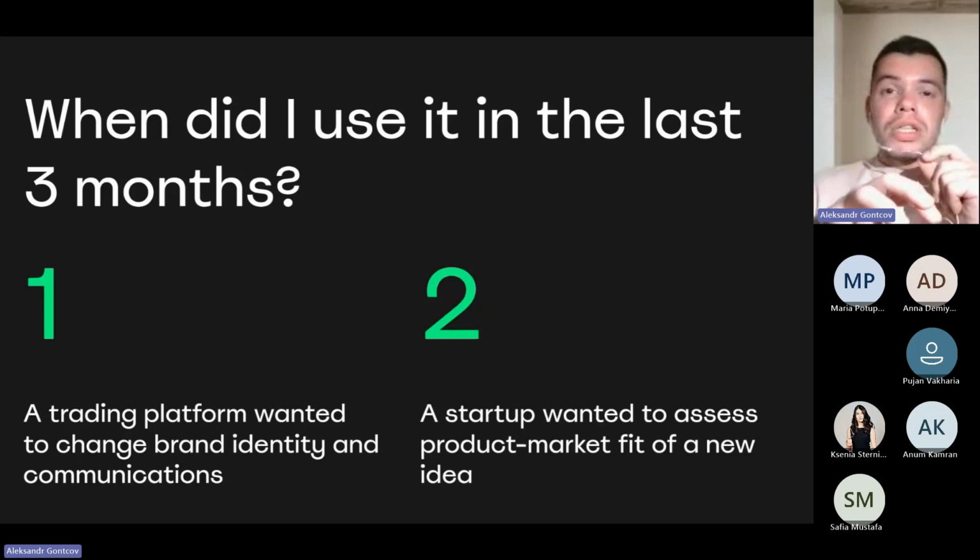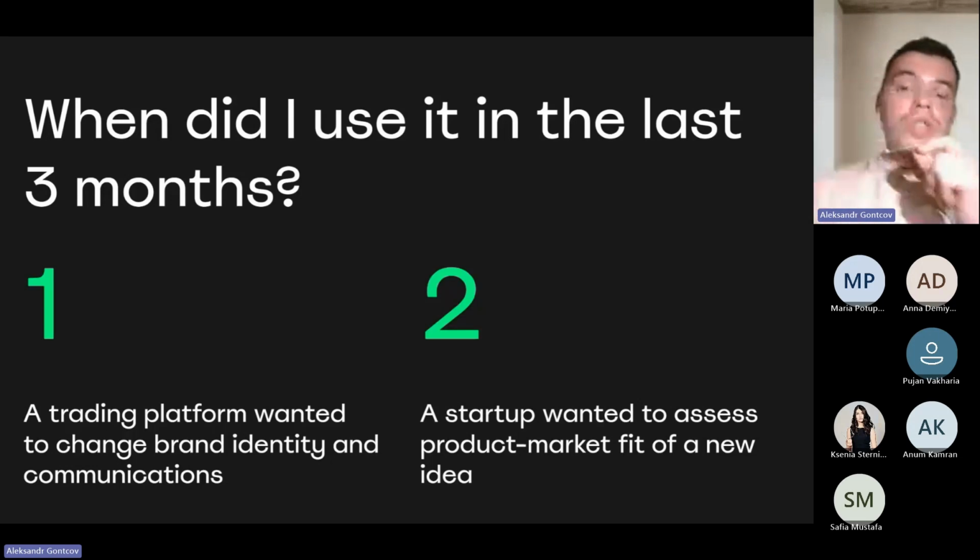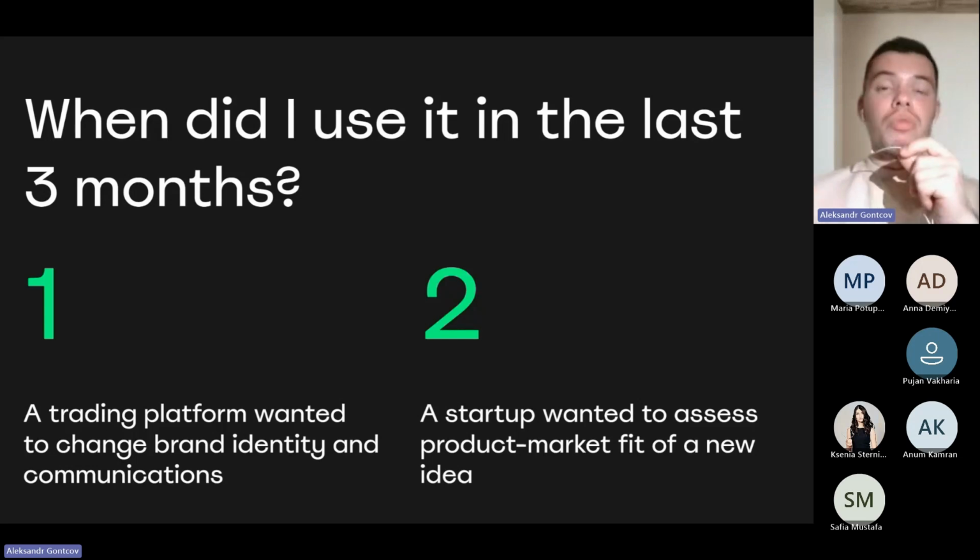So they wanted a jobs to be done research that would provide them with ideas and insights on how to create a new brand identity: what needs and pain points are the most significant to prioritize their messages and campaigns, and to redesign the whole communication approach.